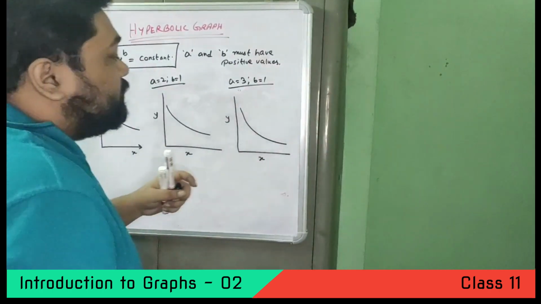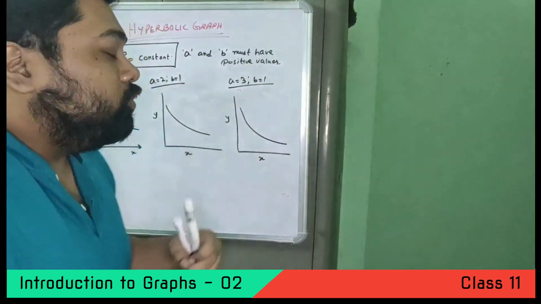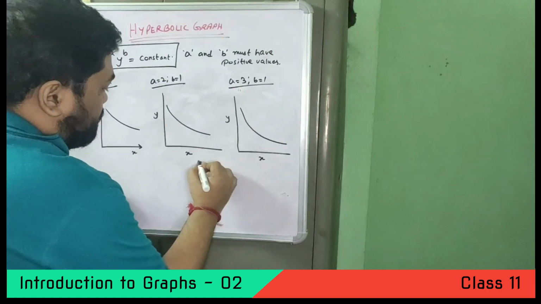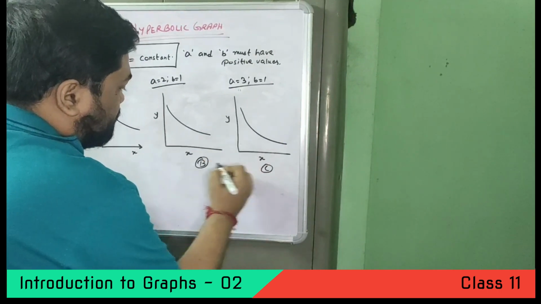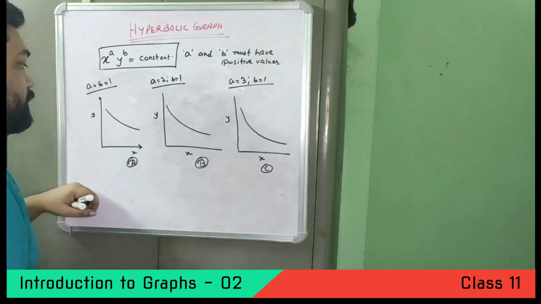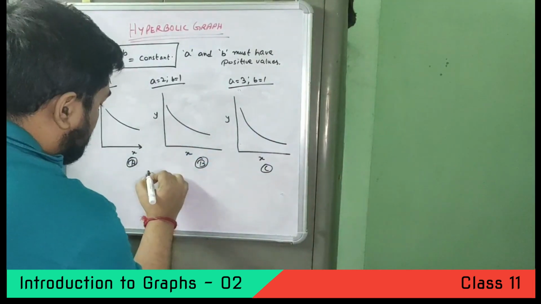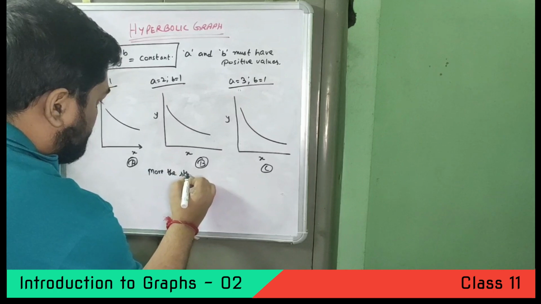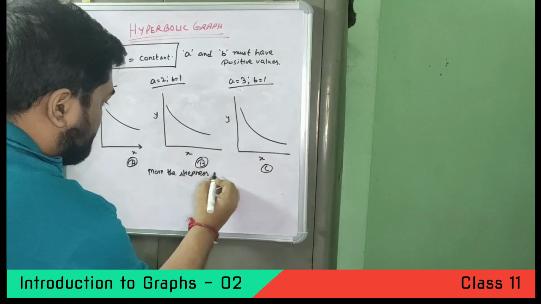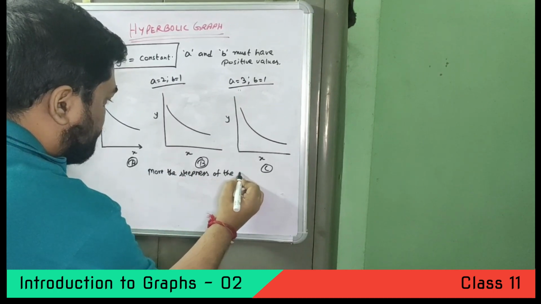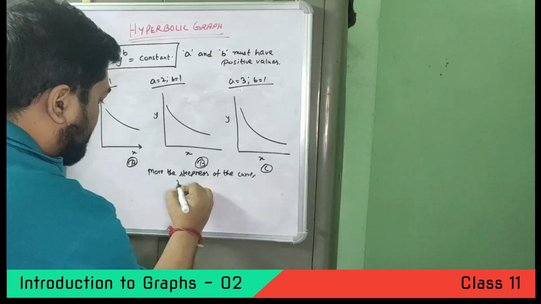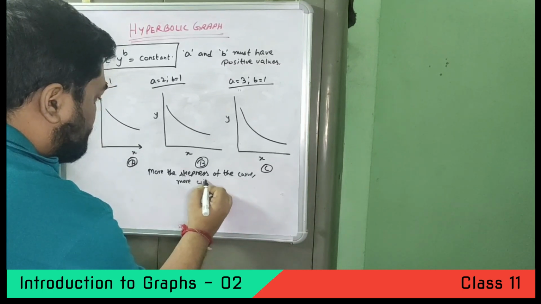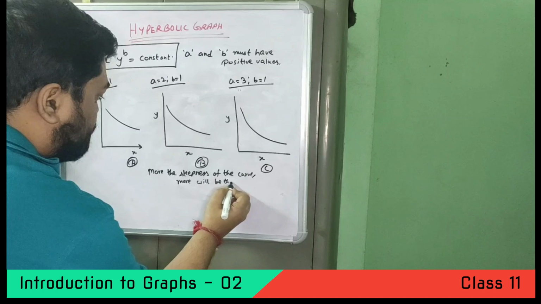And if I ask you whose slope will be highest, so if I point this as b, this is c and this is a, you'll always know that more the steepness of the curve, more will be the slope.